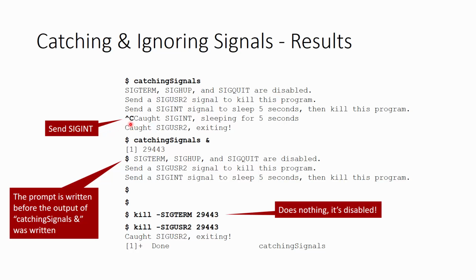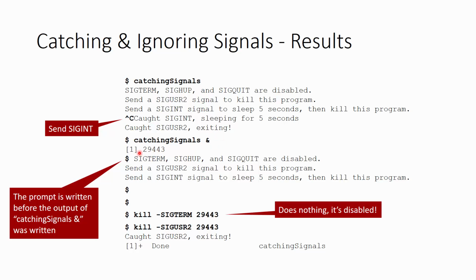Because this thing was in an infinite loop, it sends a SIGINT to our process. And as we talked about before, that's going to make this thing send itself a SIGUSR2 and then sleep for 5 seconds. So it catches SIGUSR2 and then exits when it's finally processed. So in another try, let's put this thing in the background now.